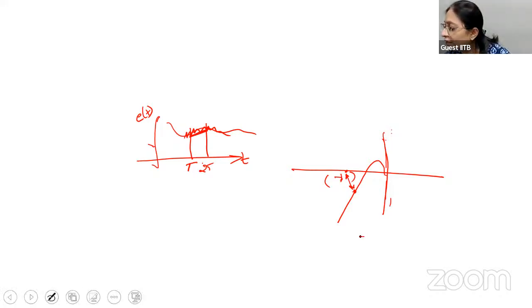Phase lead will allow my Nyquist plot to go in this direction, so it will move away from -1, 0. And as soon as it is moving away from -1, 0, it is increasing the stability margin. So you will be able to have extra proportional gain with the derivative added. And that's where the actual use of PD control comes in.